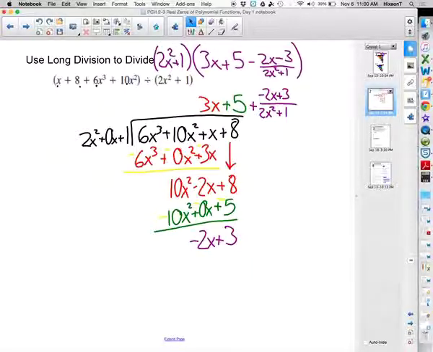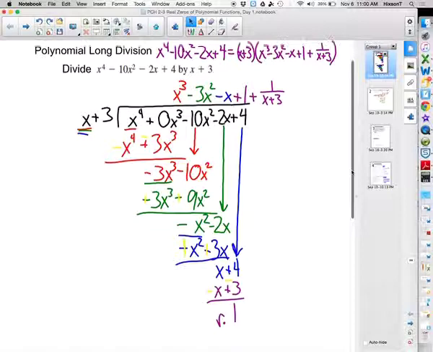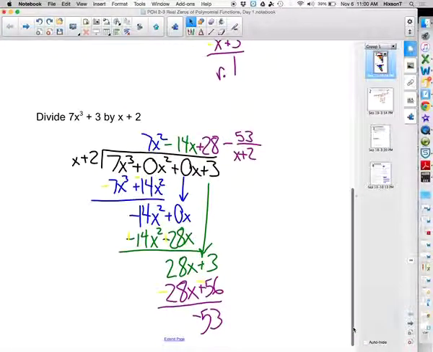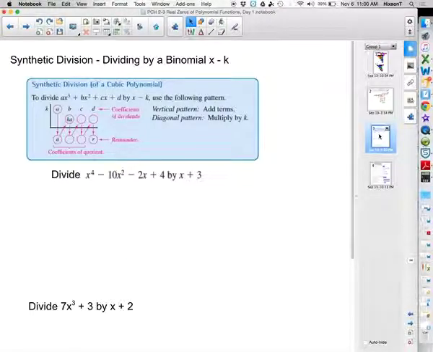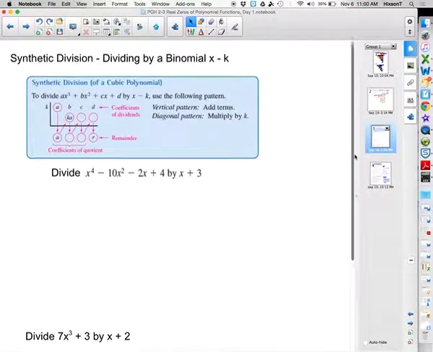However, when we're dealing with ones like this, where we're dividing by a linear, an x plus 3, or this one where we're dividing by a linear x plus 2, we can use what's known as synthetic division. So, let's look at how we would deal with this with synthetic division.